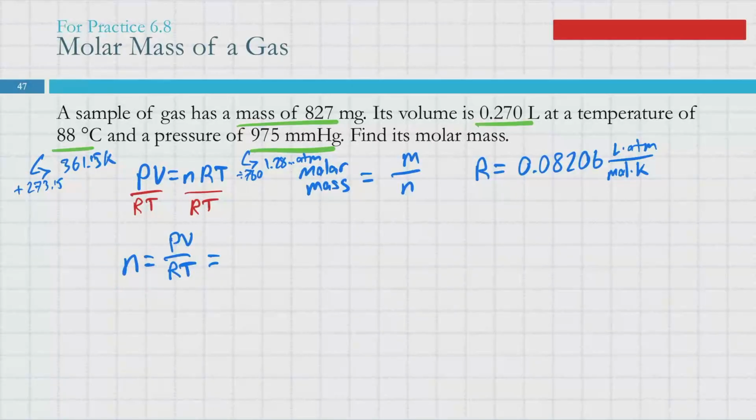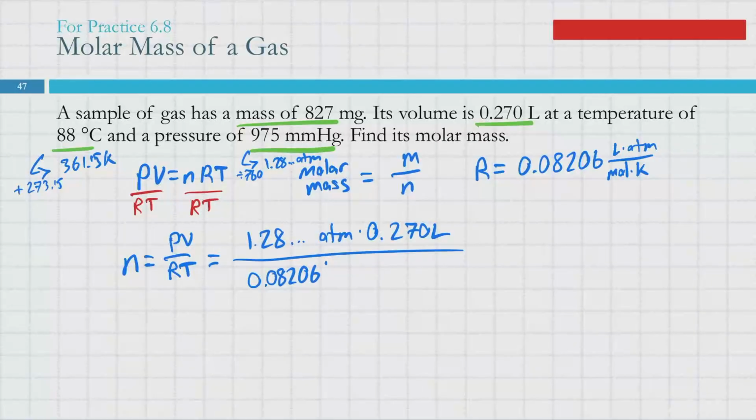So we'll take our pressure, 1.28 and change atmospheres, times our volume of 0.270 liters, divide by our R, liters atmospheres per mole Kelvin, and also divided by our temperature.